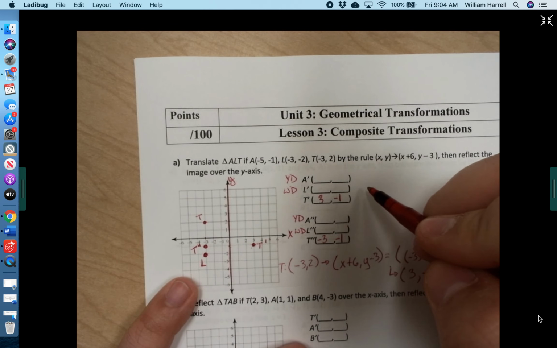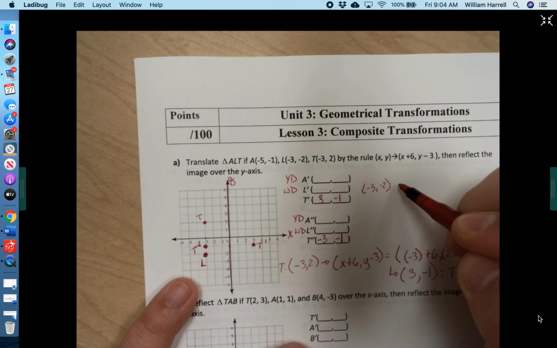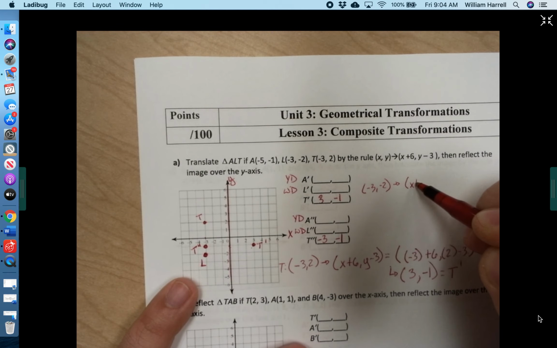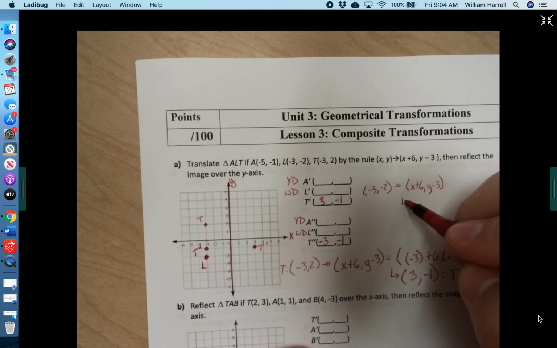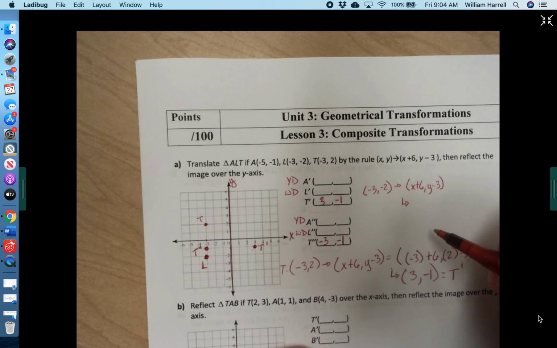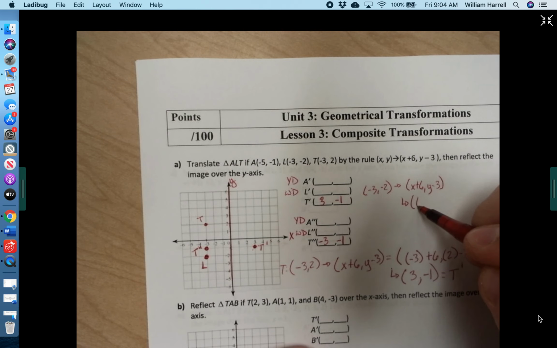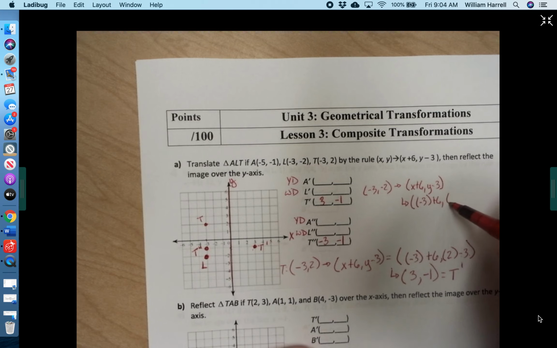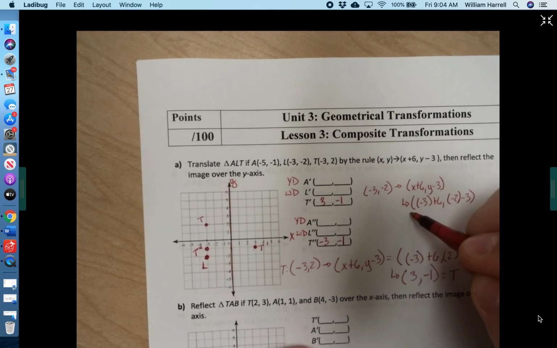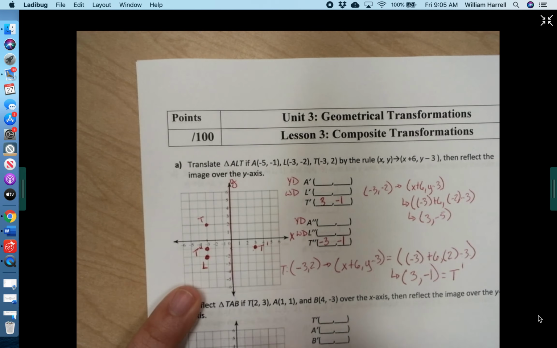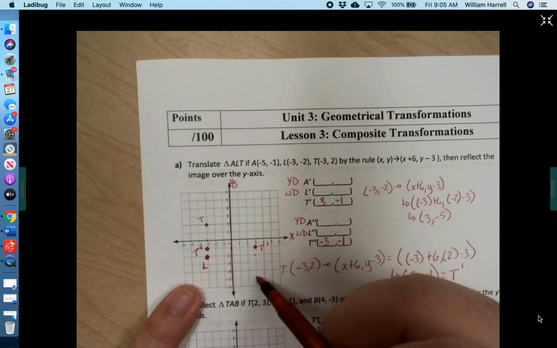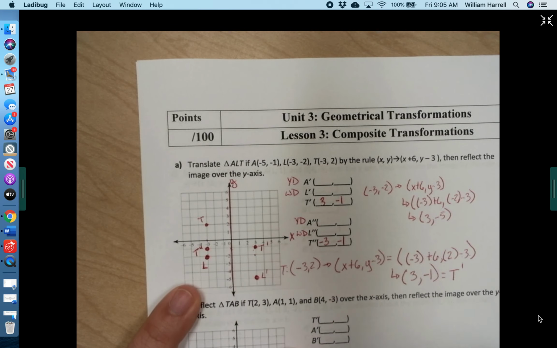Then the second thing we do becomes (3, -5), and this is L prime.